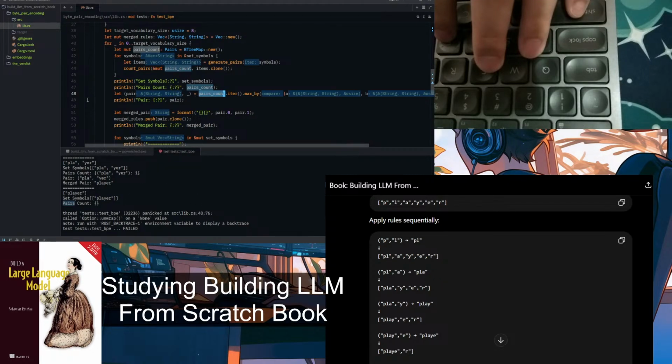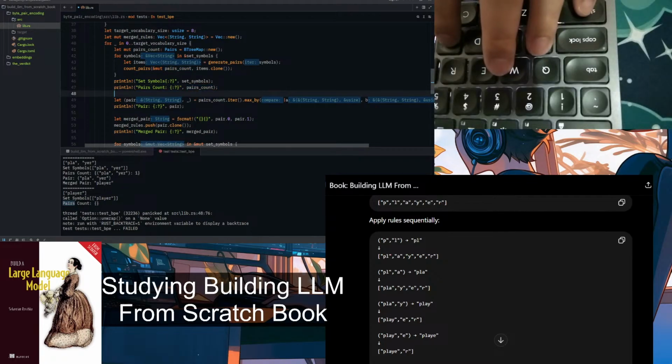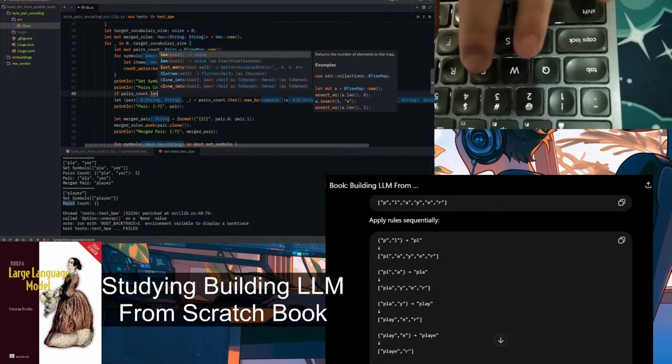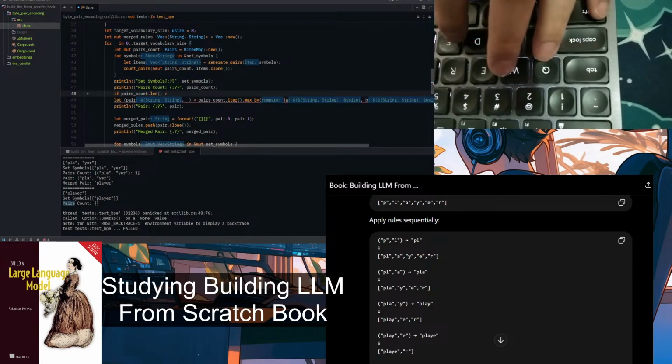Where did I panic here? 48. So, since I don't have pair count, iterate. Right, so here, pair counts. Oh, there's a length here. Okay, greater than 0.